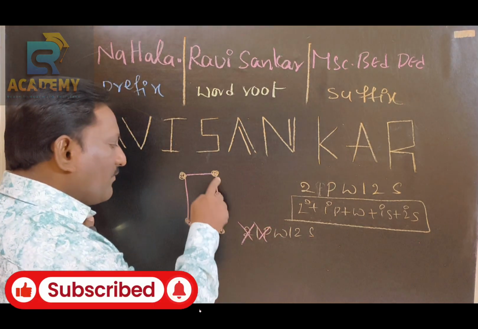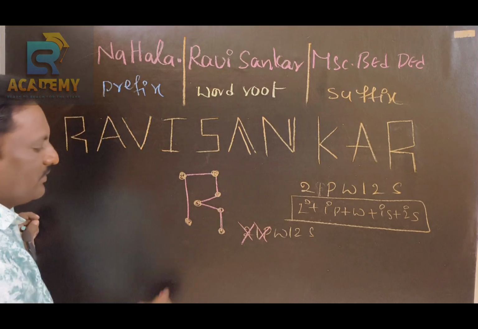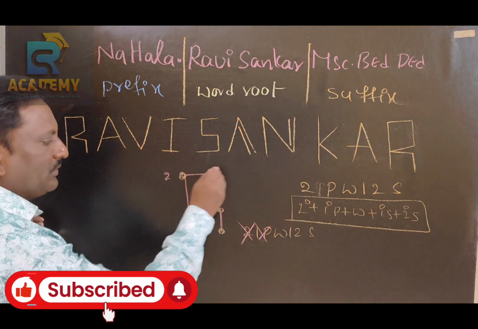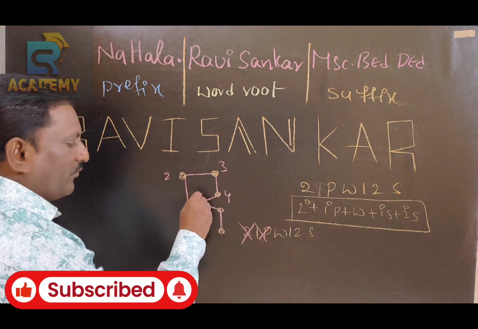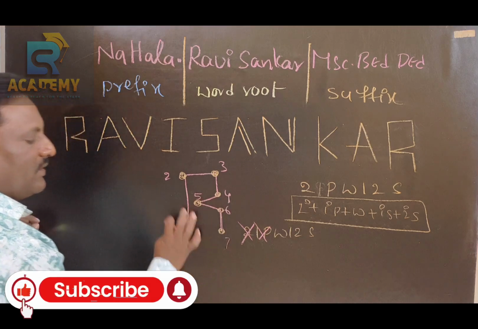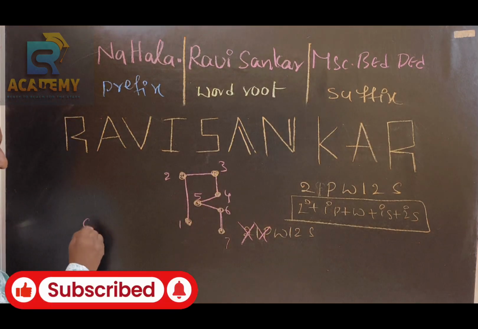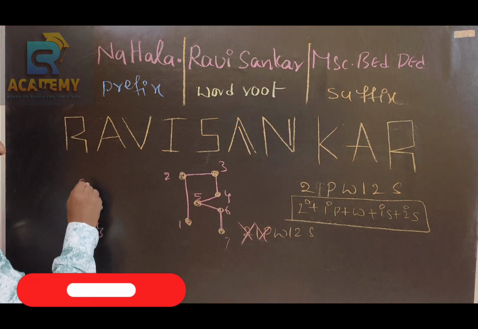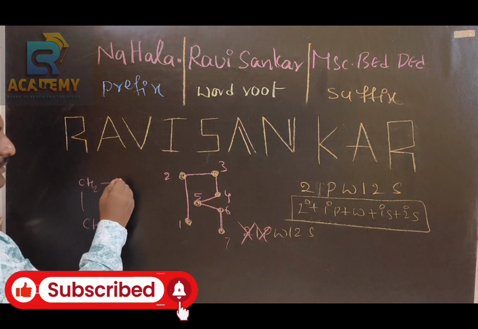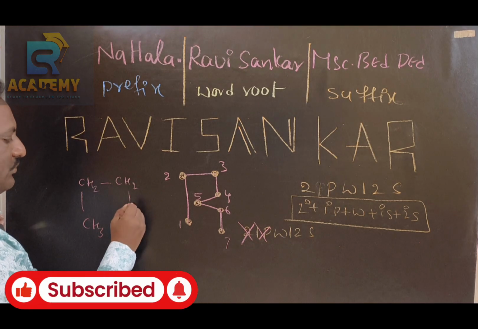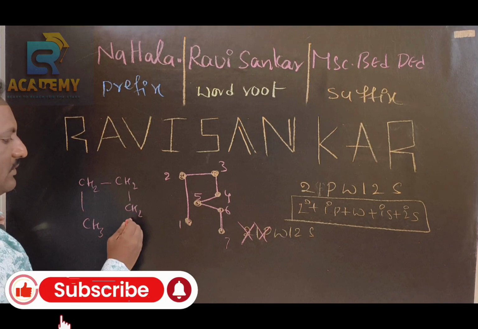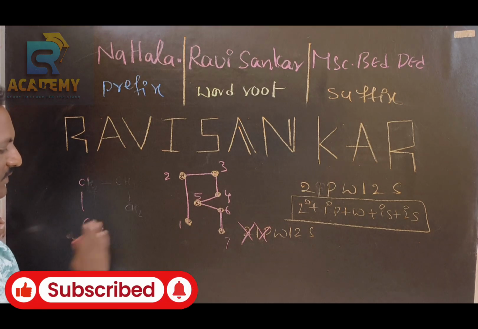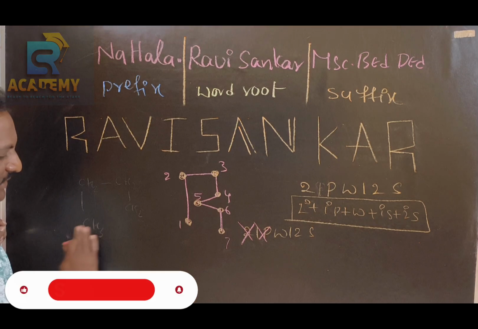Word root: the number of carbon atoms in the parent chain. 1, 2, 3, 4, 5, 6, 7. You can write this as CH3, CH2, CH2, CH2, and so on, or you can write it in straight form as well. Total 7 carbons are there.